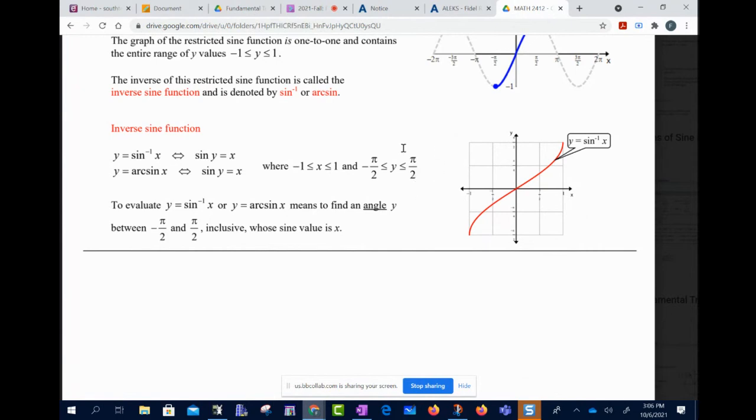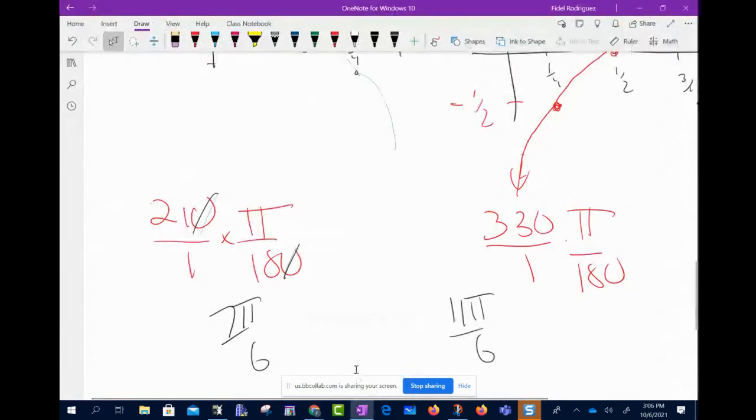Think about what this is telling me: my answers can be between negative 90 degrees and positive 90 degrees. The first answer we came up with was 210, but that's not between negative 90 and positive 90. It would be 330, which is 11 pi over 6.